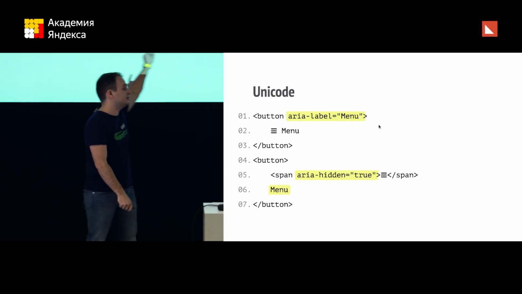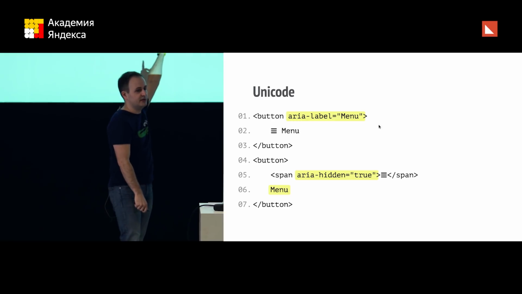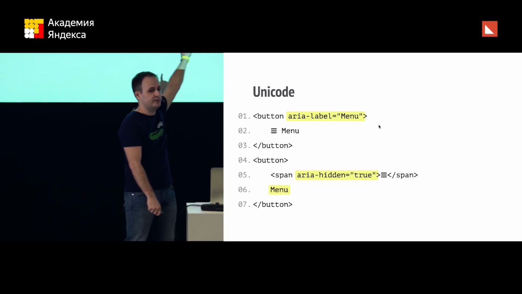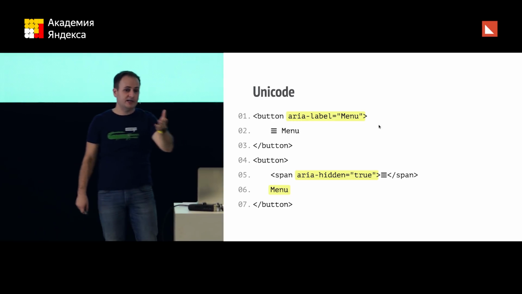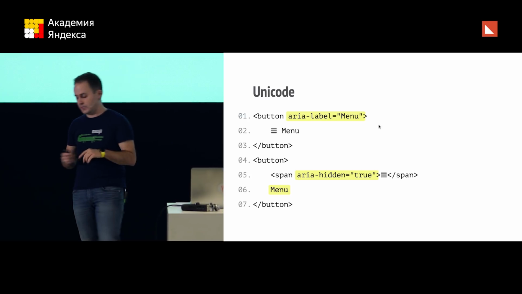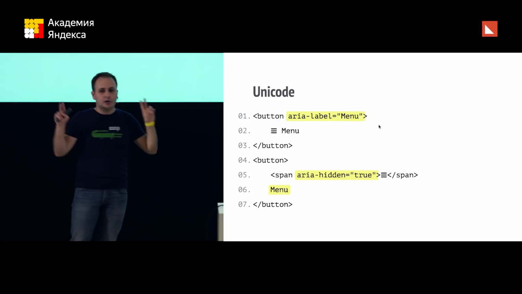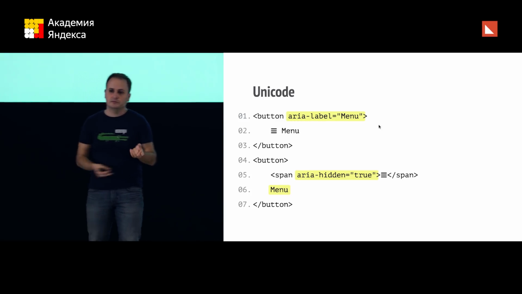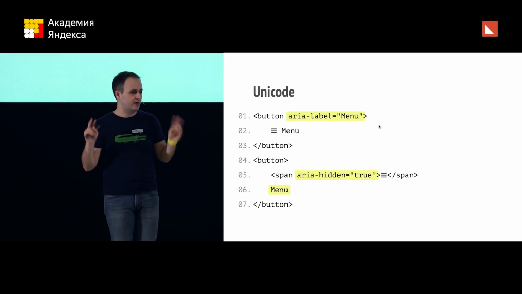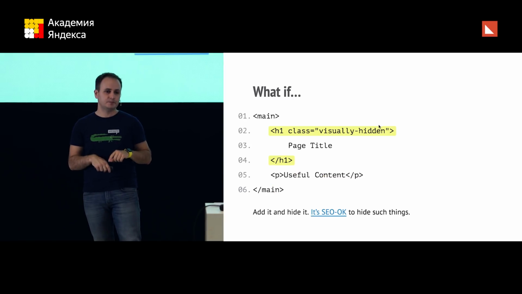So in the first case, the screen reader will read only the content of the aria-label attribute, not the contents of the button. You can also hide it with an extra element. It's whatever makes you happy. But please make sure that you're not exposing weird Unicode symbols that just look right, but do not sound right, with special attributes.